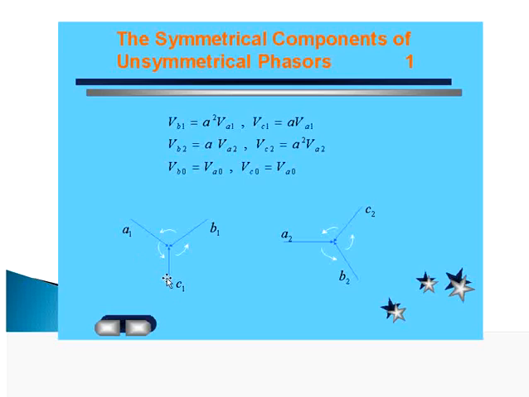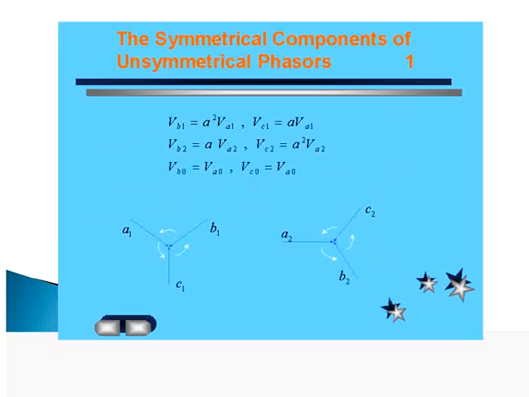So angle 120 degree means it is A. So A into VA1. Similarly, can you tell VB1? See, VB1 here, it is 120, 120, 2 times it is rotating from here to here and here to here. So A into A, so A square VA1.